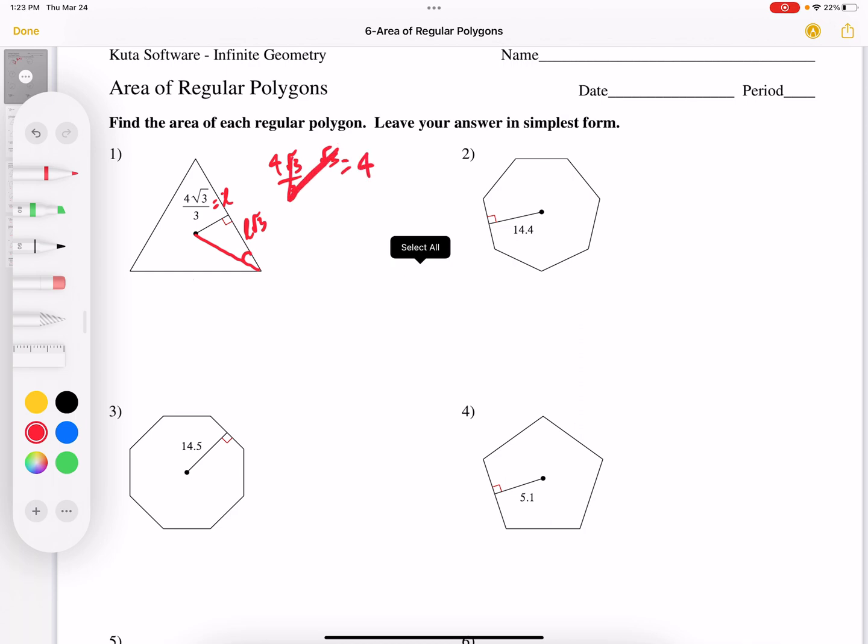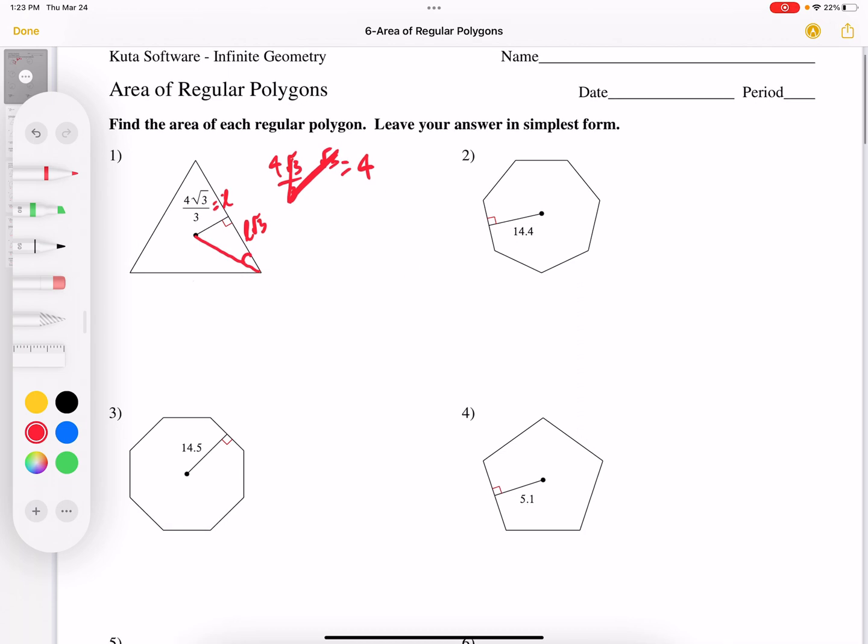That's going to be equal to 4. So this half is 4. That means my side length is 8, and the perimeter equals 24. So area equals 1/2 times 4 square root of 3 over 3 times 24. So that's going to give me an area of 16 square root of 3.